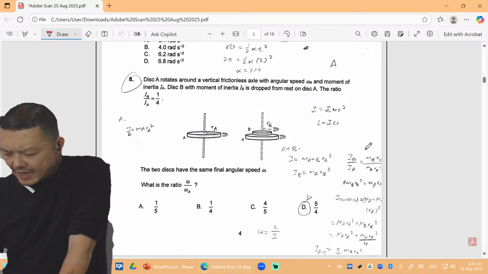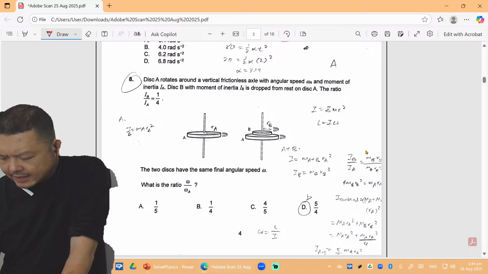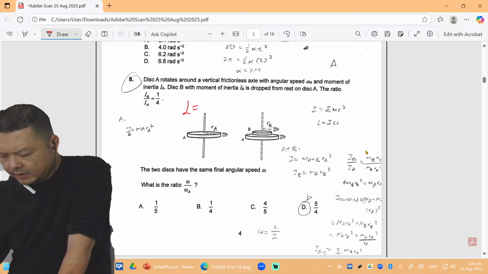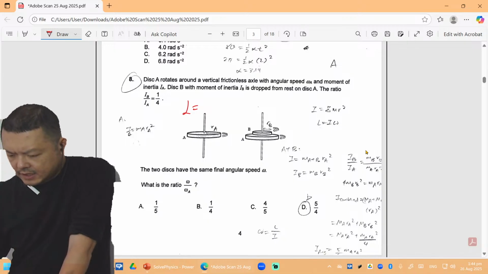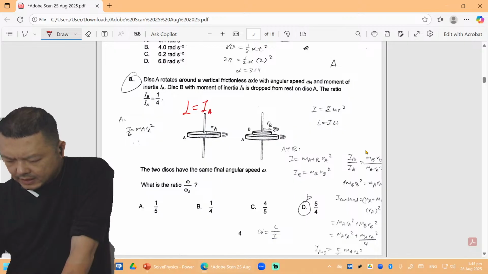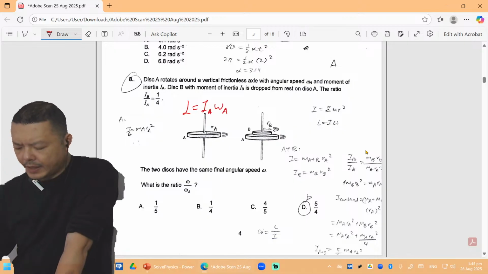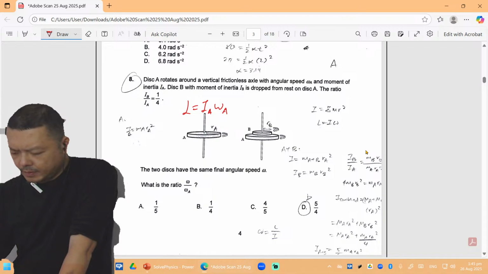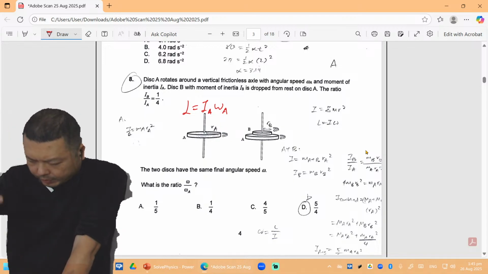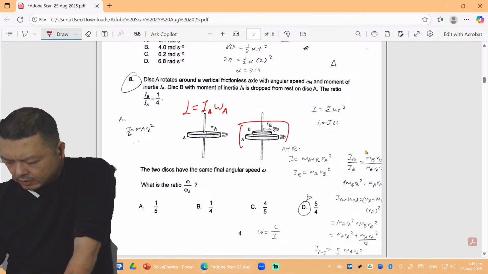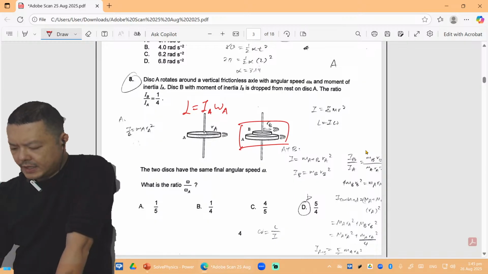So this K had a certain angular momentum at first, which is IA omega A. Am I right? IA omega A, that was the initial angular momentum. And then they put this B drop onto this A, right?